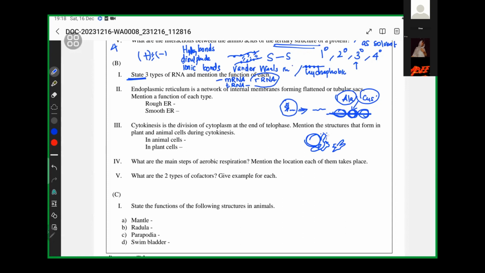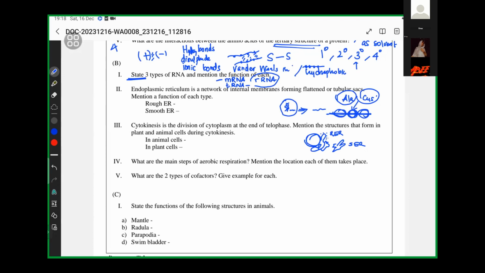So if they contain the ribosomes, we call it rough endoplasmic reticulum. If it doesn't contain the ribosomes, we call it smooth endoplasmic reticulum. You all know that. So there are particular functions for both of those because the one is containing the ribosome. So we saw that ribosome is involved in protein synthesis.